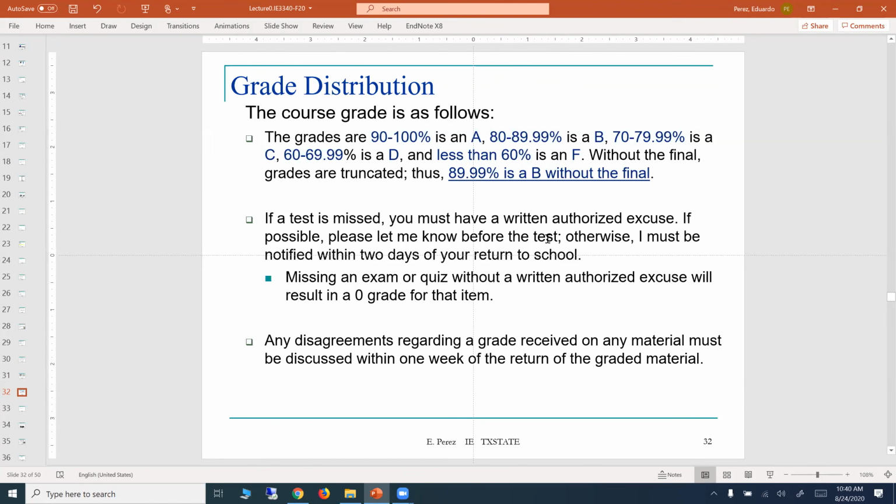So if you want to get together online with some of your classmates and do that, then you can. Or if you want to work individually, that's fine too. Just make sure that you submit your own assignment. That's your own work. Okay.